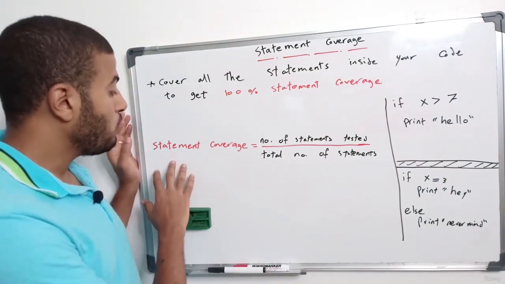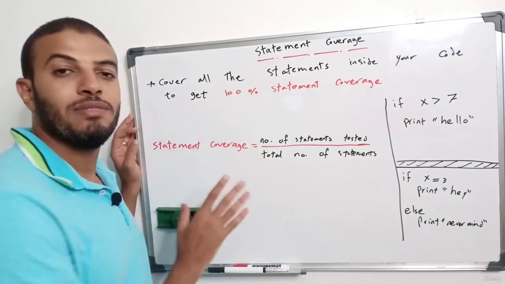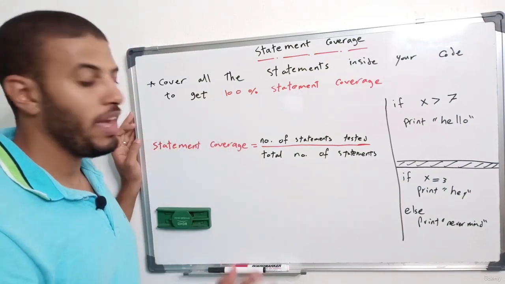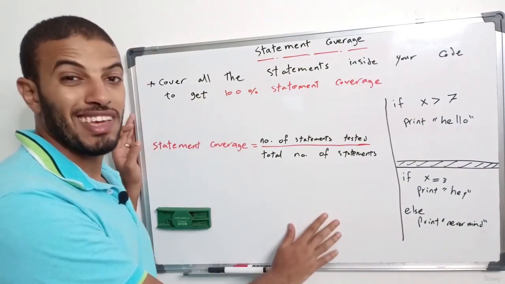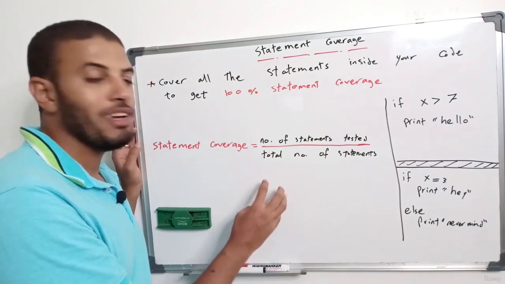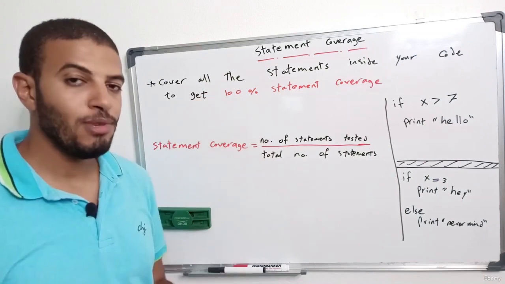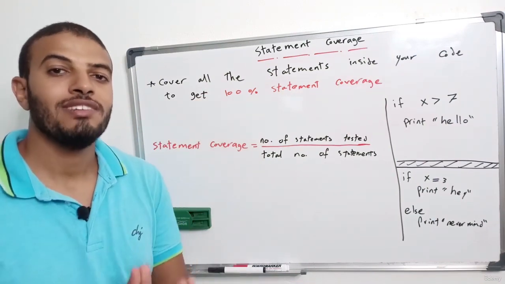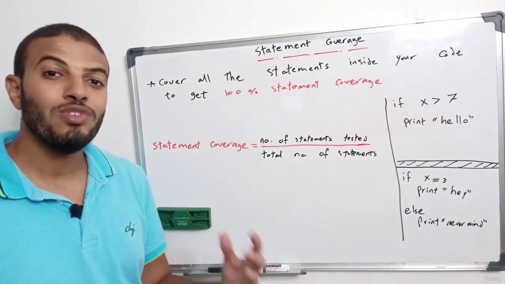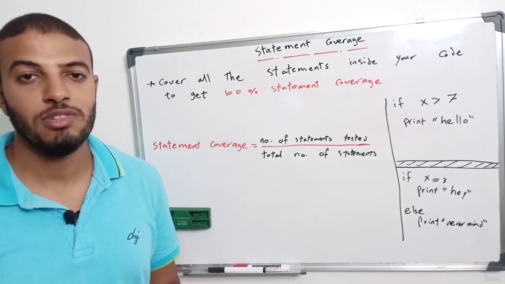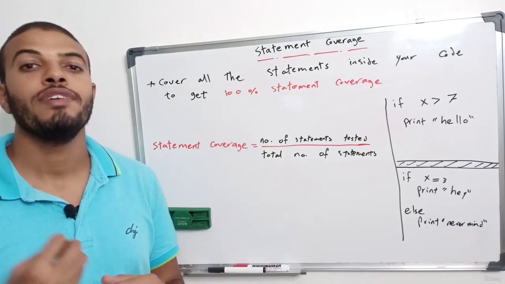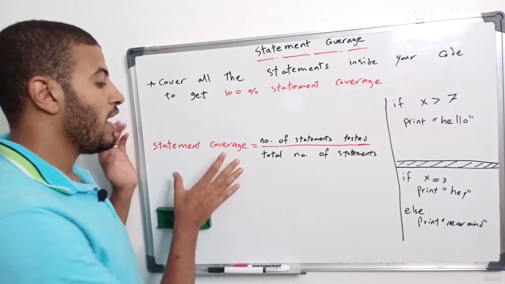Okay, so how can we calculate the statement coverage inside our code? We have code, we have some test cases, and we need to know the percentage of statement coverage. Like we said, if we cover all the statements, this is called 100% statement coverage. But what if we didn't achieve 100% statement coverage? What is the percentage of statement coverage? In this case, we have a formula.